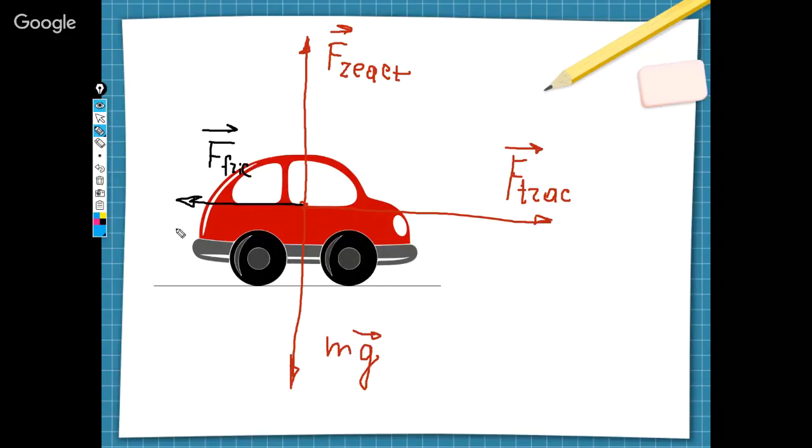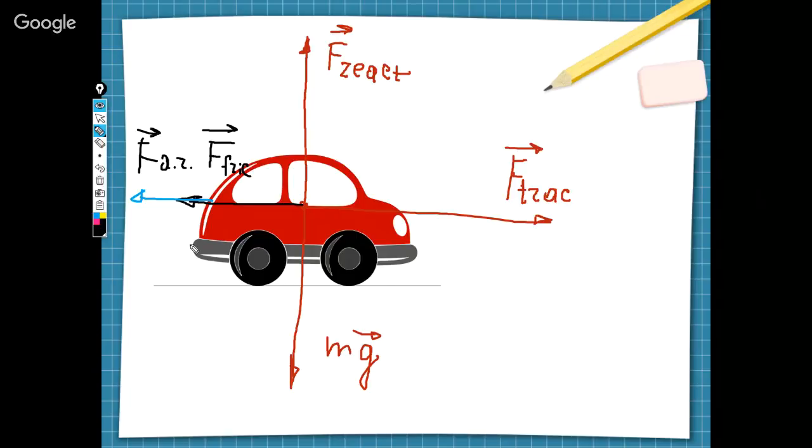So it is a really small force, but we also have the air resistance force. Let's show this force. Here is the air resistance force, and this force is quite big. So it is F air resistance.